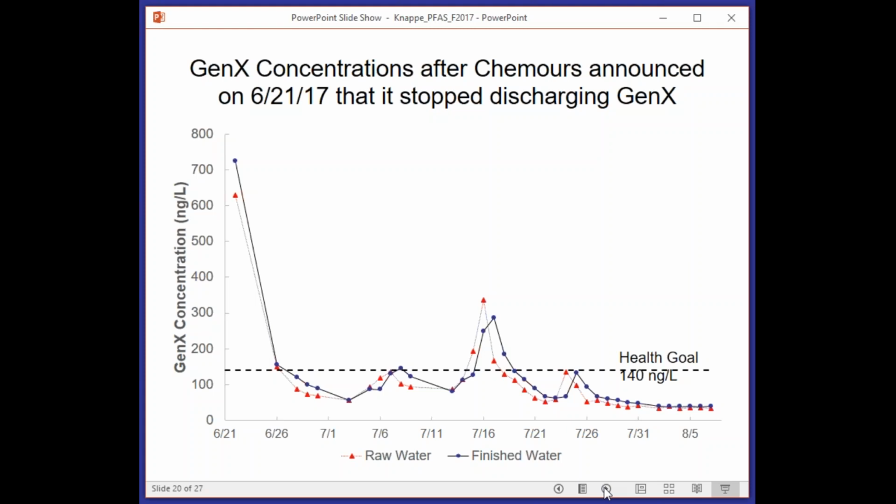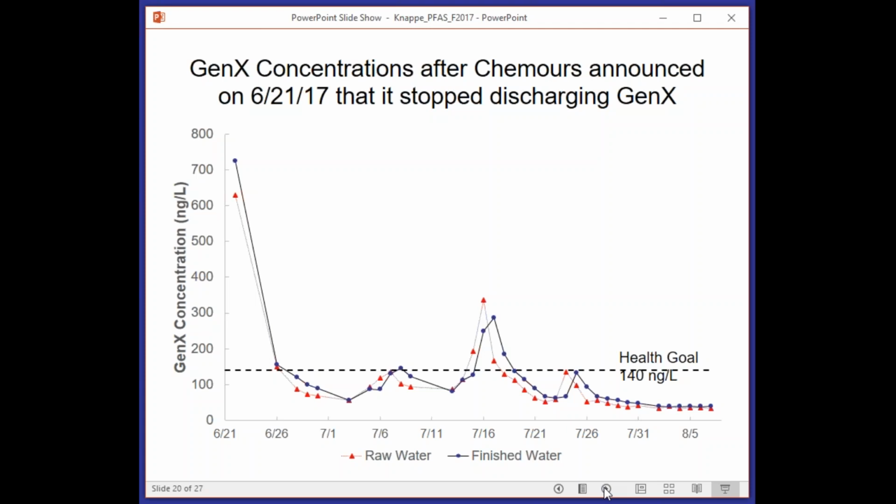Several places within this manufacturing plant were found where Gen X actually entered the water and ended up in the discharge. The other factor that comes into play here is that this manufacturer doesn't run the processes 24/7 year-round, so the processes sometimes stop, and as a result, we would expect also that the discharge into the water might stop periodically.